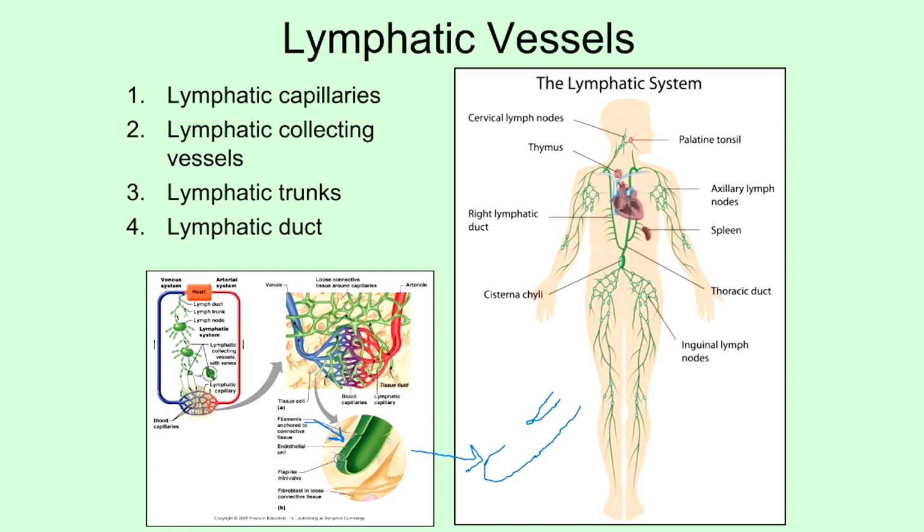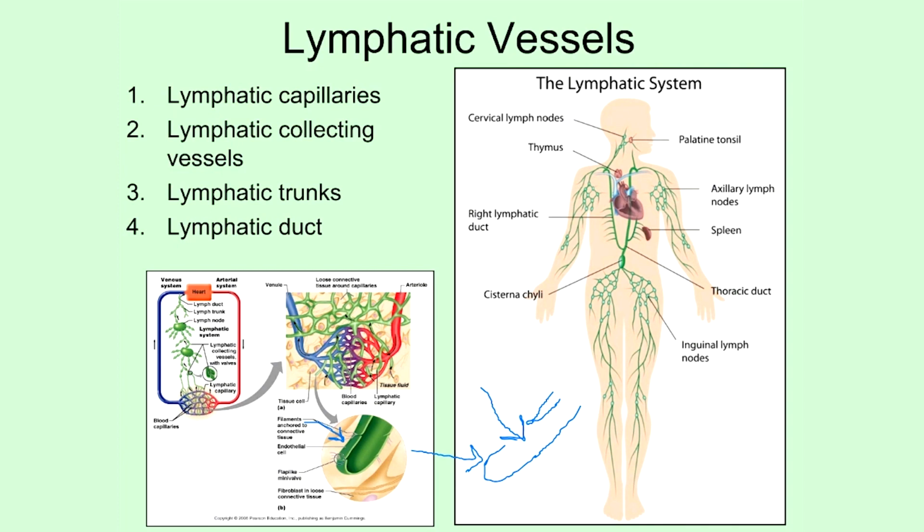We've basically taken out the wall of that lymphatic capillary, and anything that's in the tissues is able to flow through that opening, through where that flap-like mini valve opened up, and into the lymphatic capillary. So again, the fluids and the proteins that are leaked from the blood are able to very easily make their way from the tissues into these lymphatic capillaries.